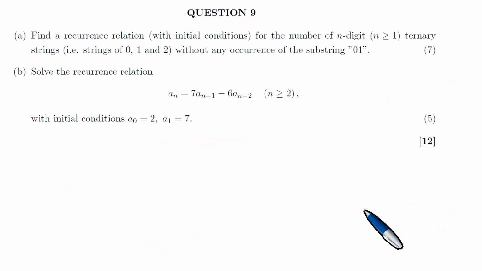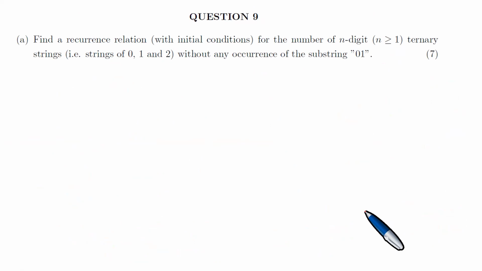Right, so we look at question 9. Question 9 is a very interesting one. It comes all the time in the exam, but like all the time. We're dealing with recurrence relations and they're part of the exam.